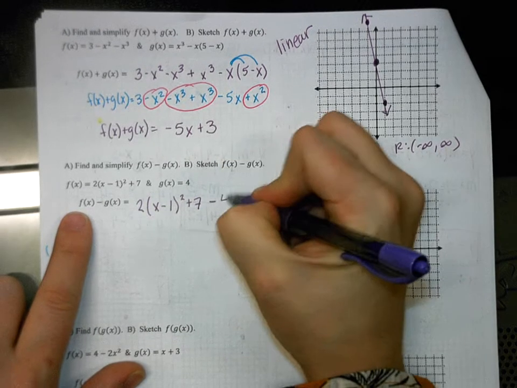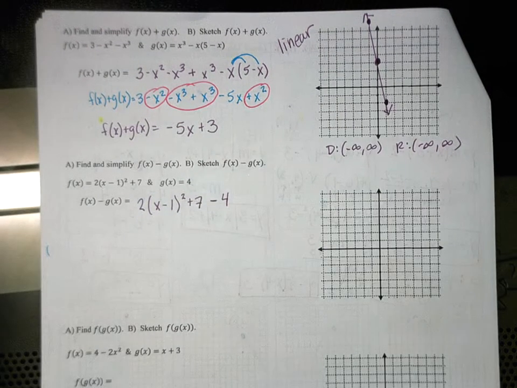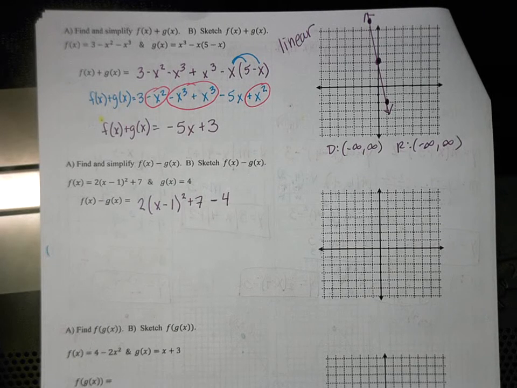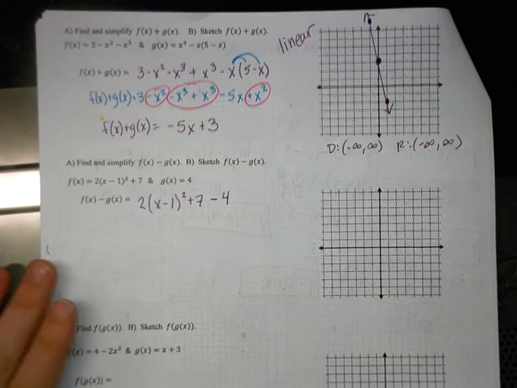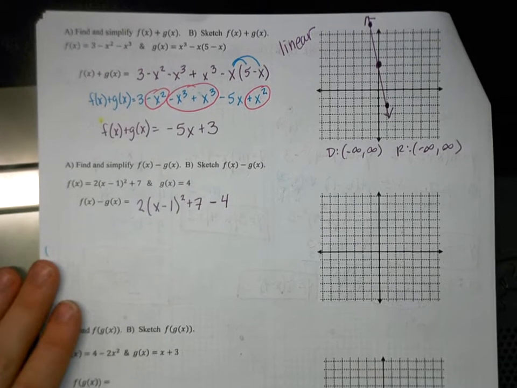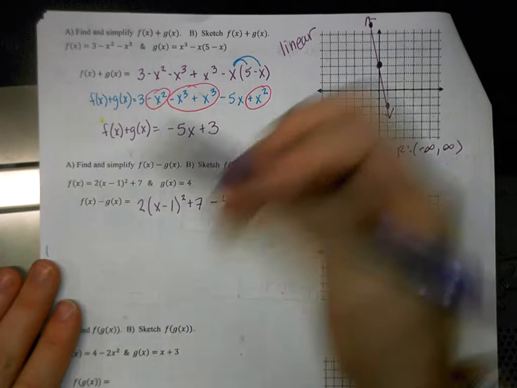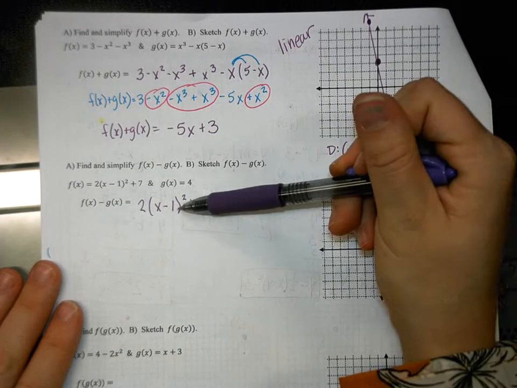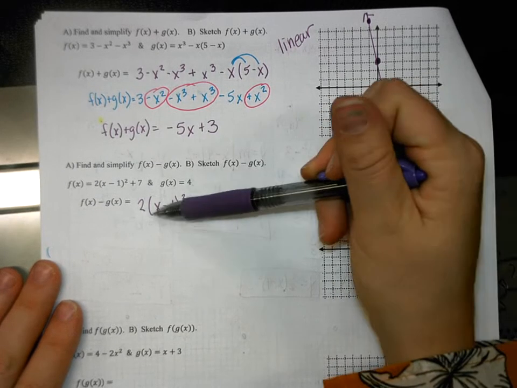What do I need to do to simplify this function? Seven minus 4. That's it. Okay, some people were overthinking this one and they want to multiply x minus 1 times x minus 1 and multiply all this out.